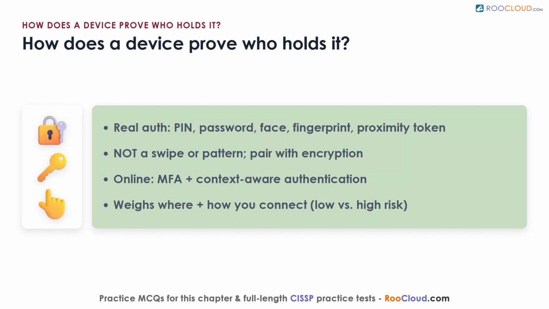For online services, layer on multi-factor authentication combined with context-aware authentication. Context-aware means the system weighs where and how you are connecting. A login from your usual phone inside the office is low risk and waved through, while an attempt from an unknown device in a strange location triggers a tougher challenge. Think of a doorman who nods you in on a normal day but demands extra proof when something looks off.